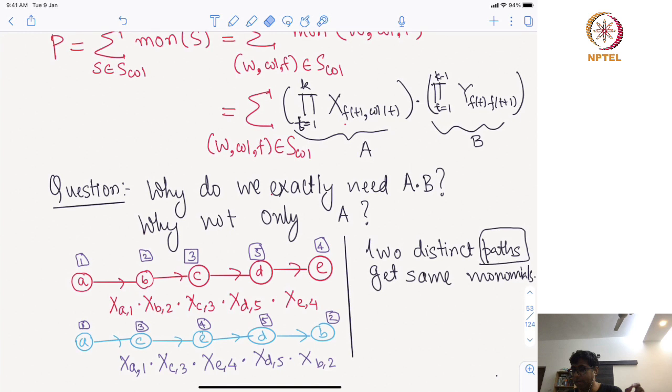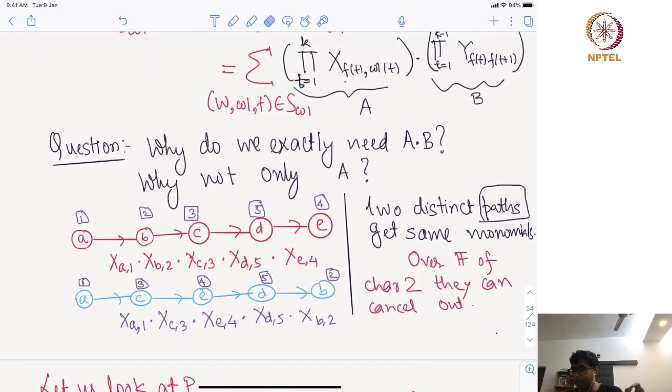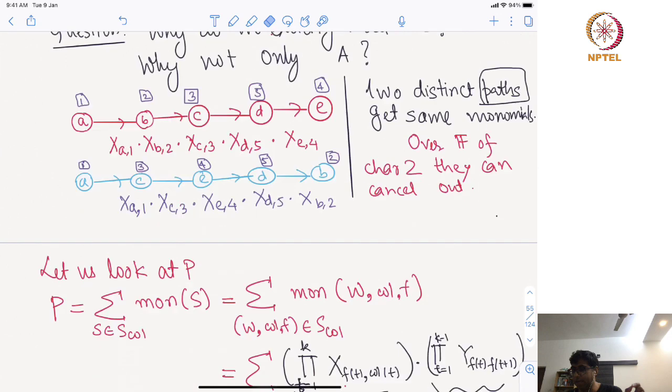Now, if you also fix the colors on these vertices, so the same vertex gets the same color, at whichever occurrence, then these two will multiply and give you the same monomial. But since these two are distinct paths, edges are distinct and they will differ. Okay? So that's the reason why.